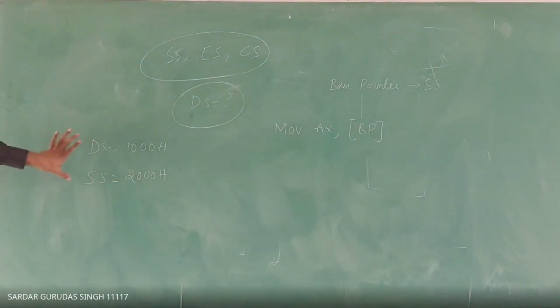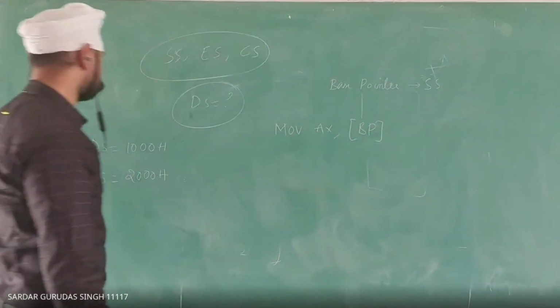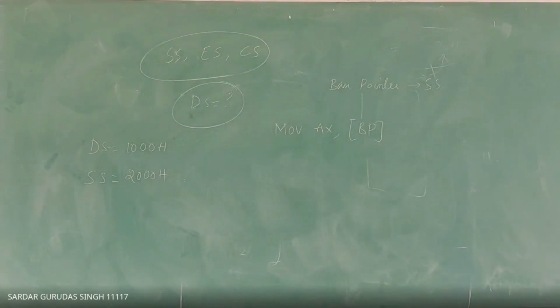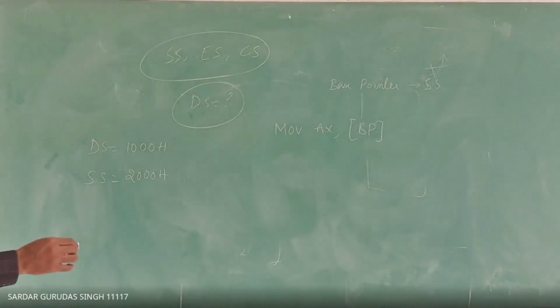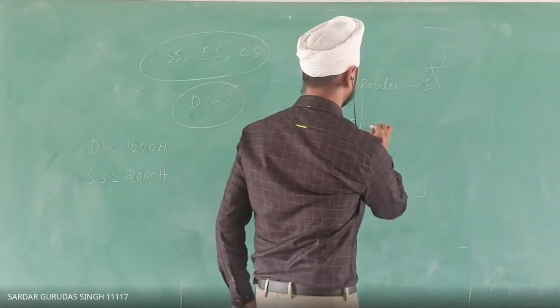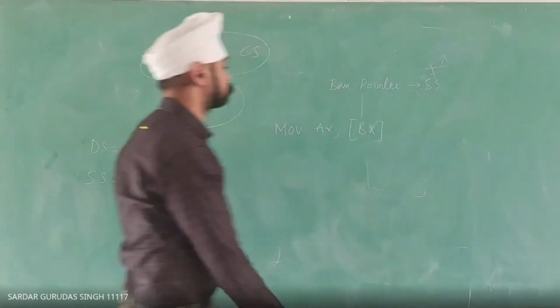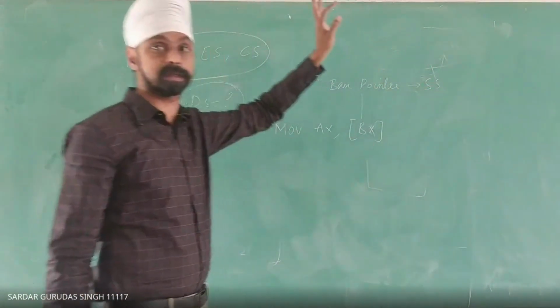Now if these things are given, DS and SS, then what do you need to do? Here I will take BX, the base register. This also is the default for SS only.